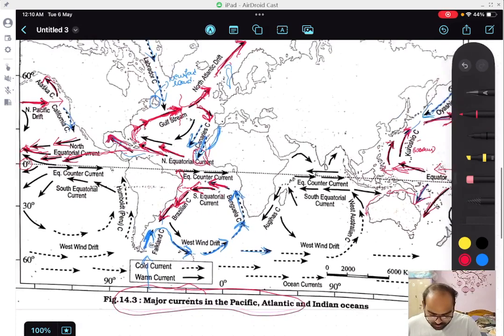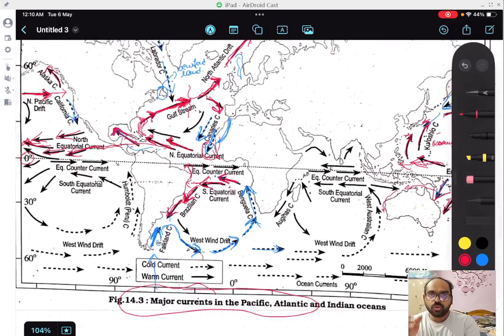And moreover, due to the influence of subpolar westerlies, the west wind drift is cold in nature. The west wind drift originates in the Pacific Ocean and starts moving from west to east.